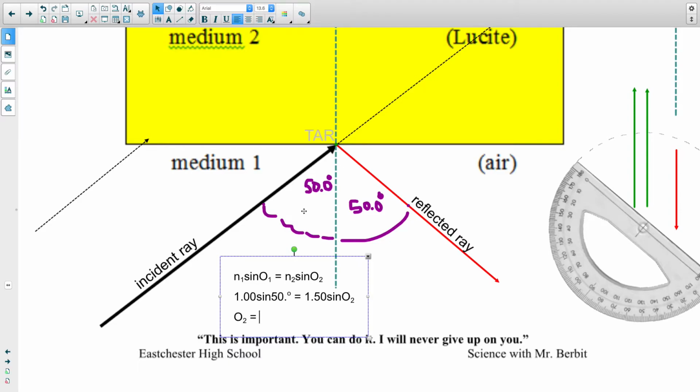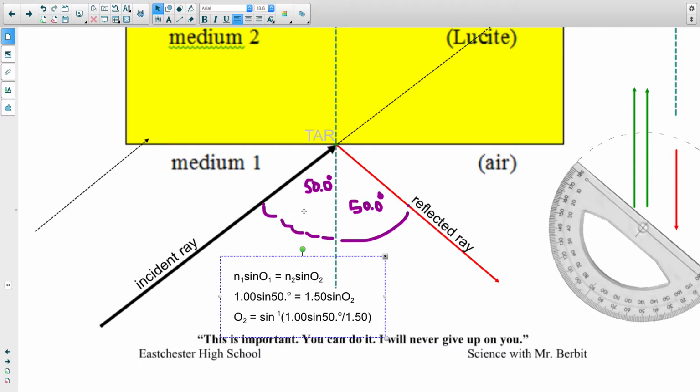Theta 2 is just going to be inverse sine of the quantity 1.00, which is just 1, it's not changing anything, sine 50 degrees, the whole thing divided by 1.50.